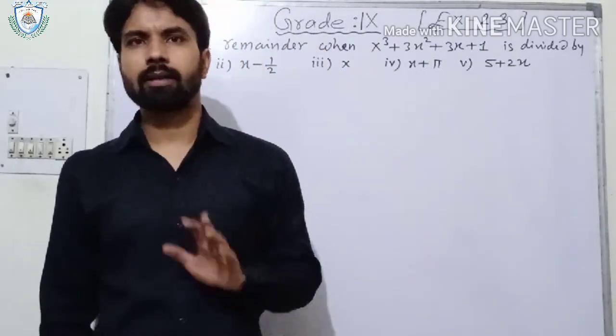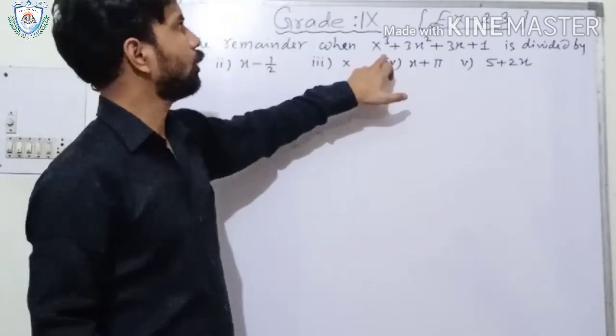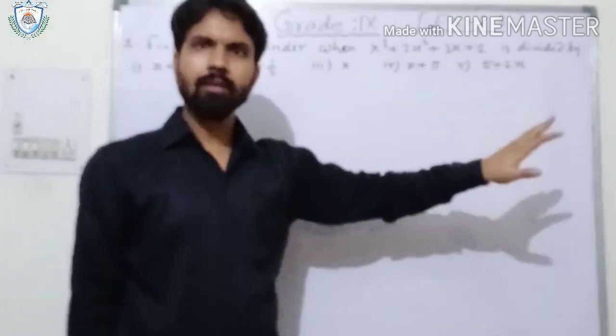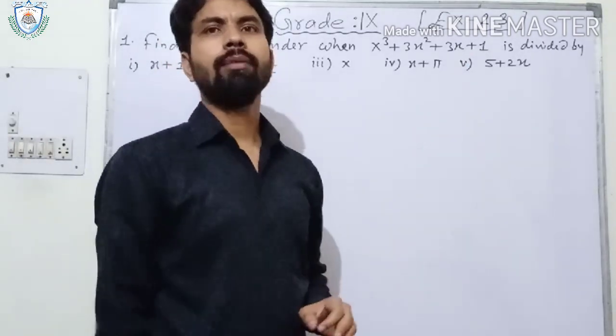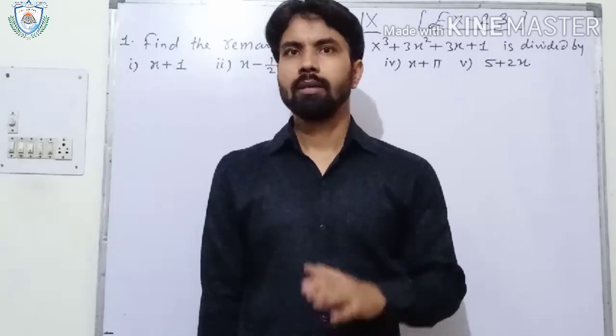So there are 5 parts, and we have to find the remainder when this polynomial is divided by these polynomials. Understood? We will solve this question by using the remainder theorem.